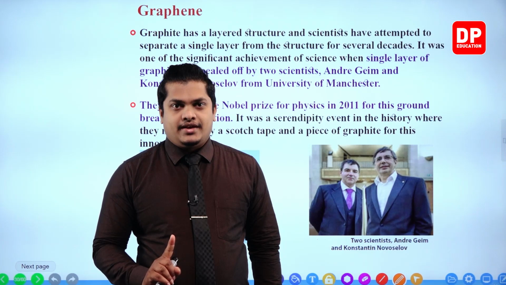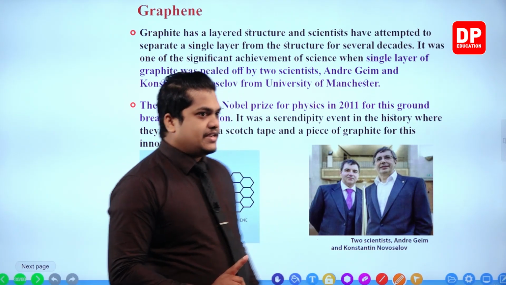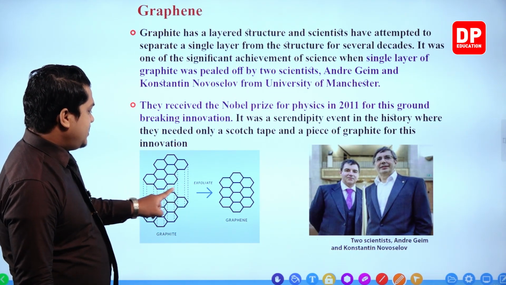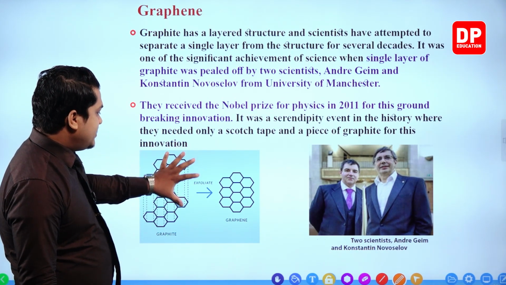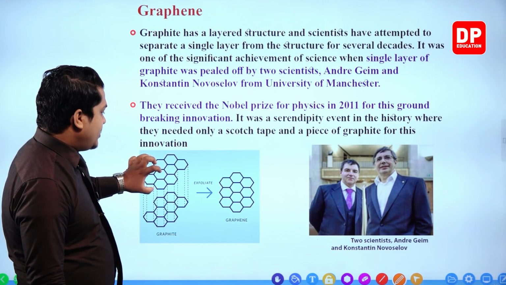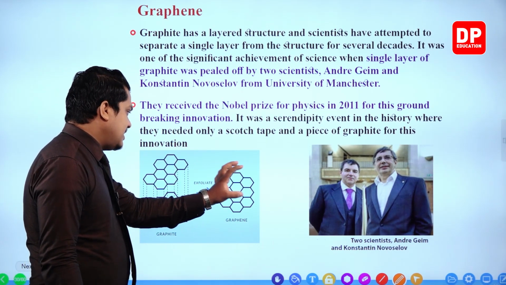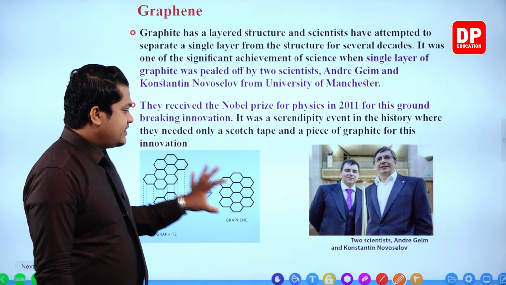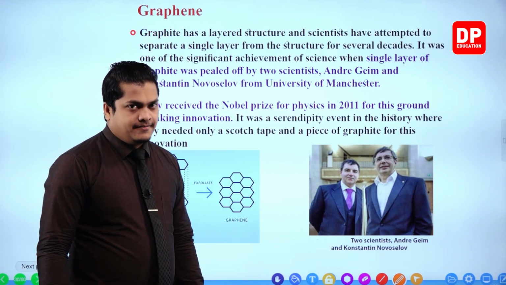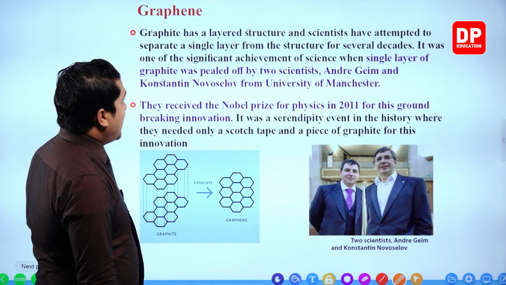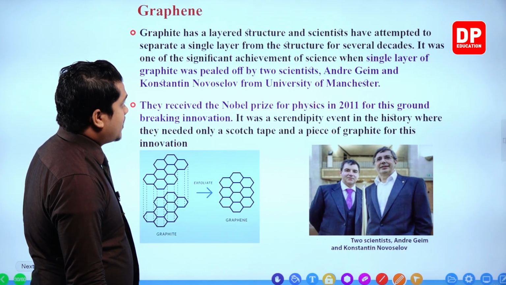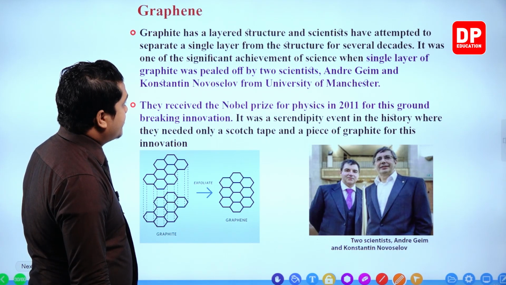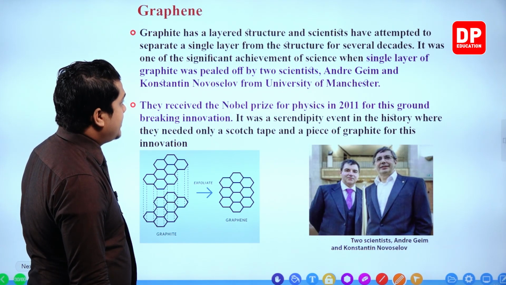One single layer. As you can see within the given figure, this is graphite, and this is that weaker bond, see? So this is one single layer. When you remove one single layer, what can you create? Graphene. This one single layer is referred to as a graphene layer. Graphite has a layered structure, and scientists attempted to separate a single layer from the structure for several decades.